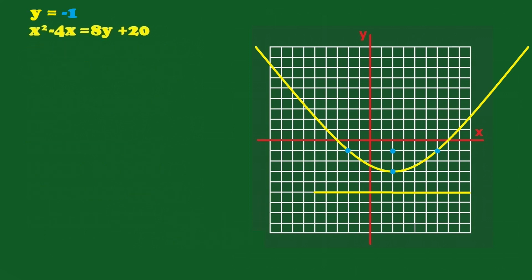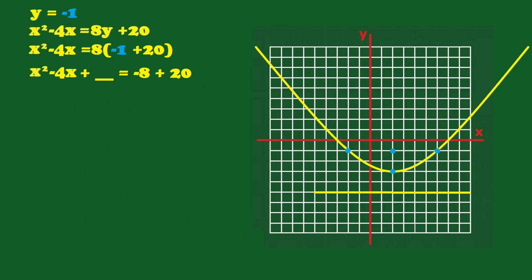This is another way of finding the coordinates of the latus rectum. In this example, the line of the latus rectum is at y equal to -1. To calculate the coordinates of the latus rectum, we will be using these two equations. First, we substitute y with the value above, which is -1.